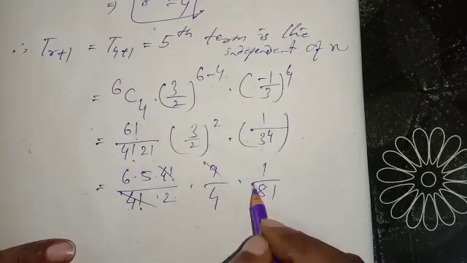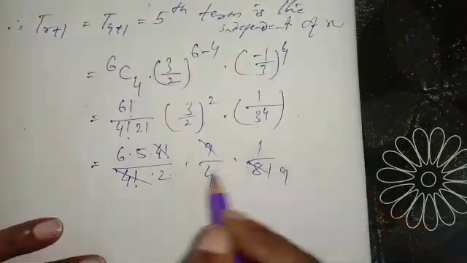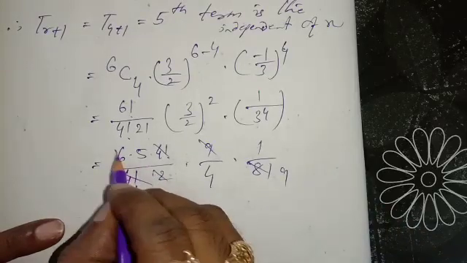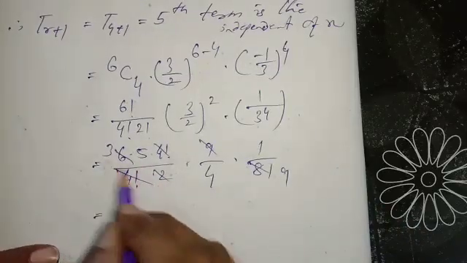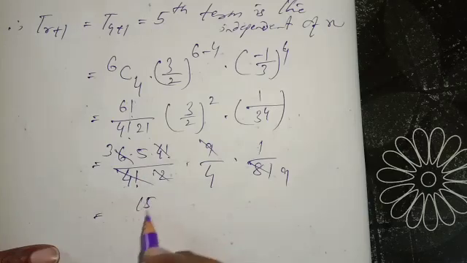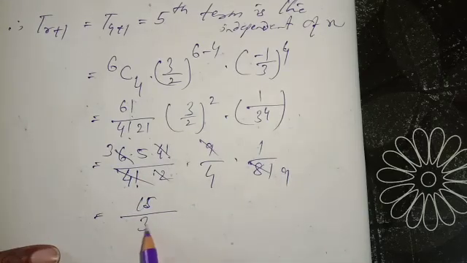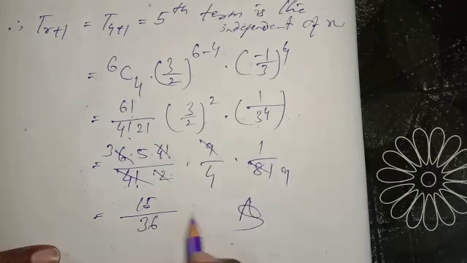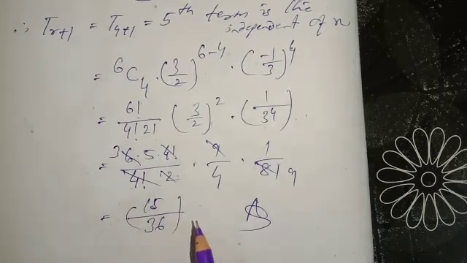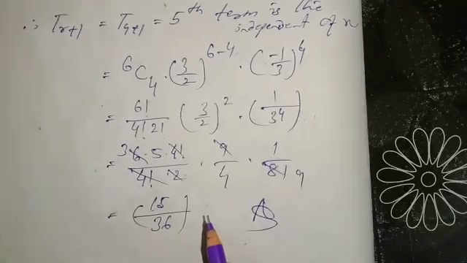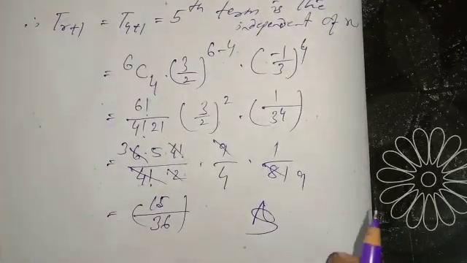Now cancel 9 with 81. Then this will be 15 by 36. This is the answer of the last part of number 16.